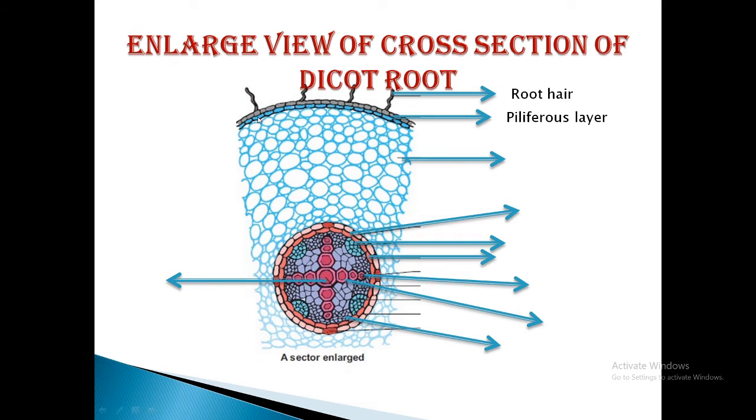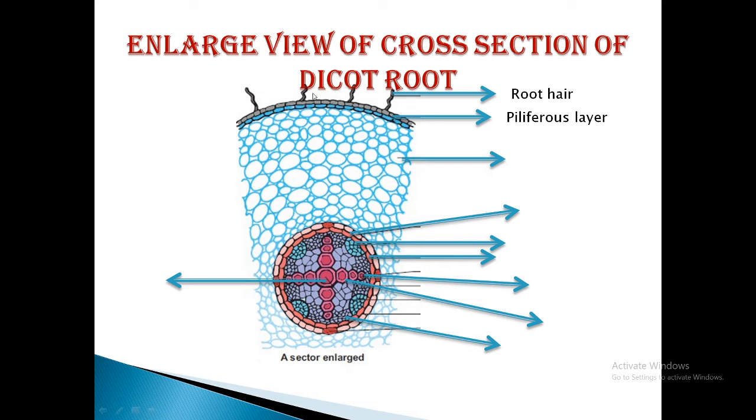This rhizodermis or epiblema is typically uniseriate, and most of these piliferous cells extend out in the form of tubular unicellular root hairs.